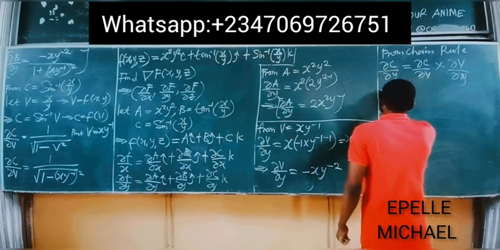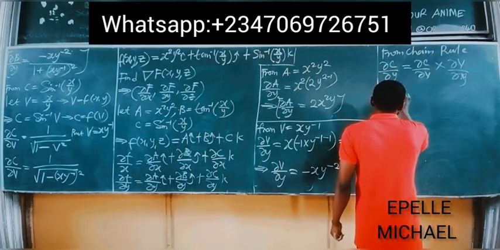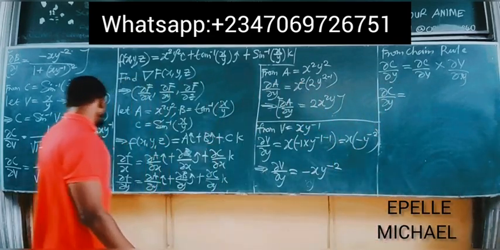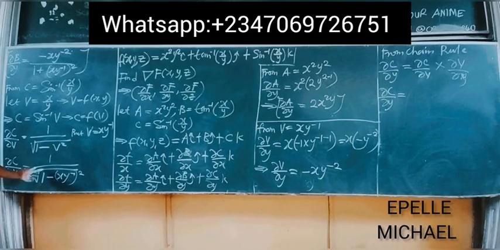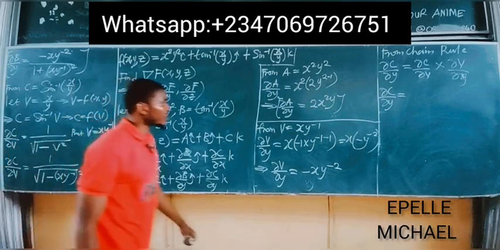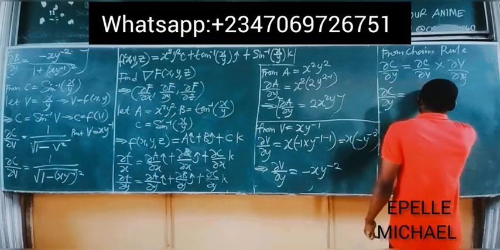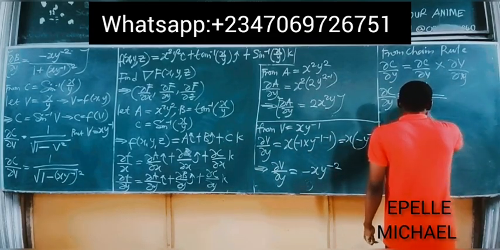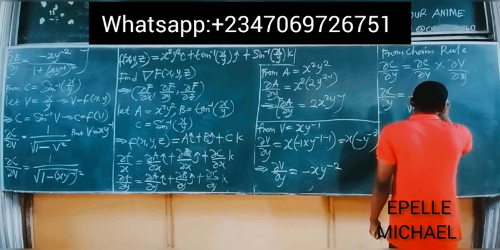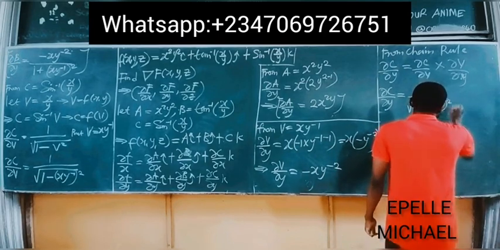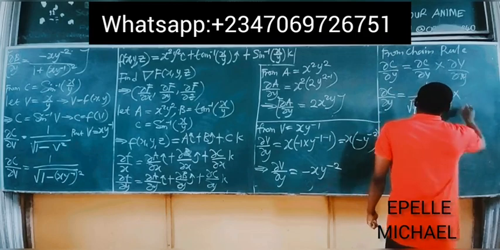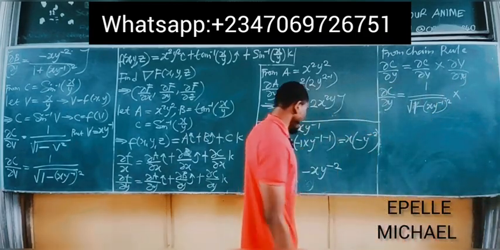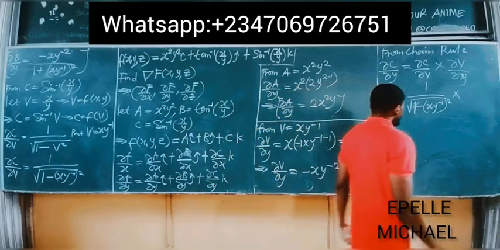Okay, so partial c over partial y is now equal to partial c, partial v, which gave us 1 over root 1 minus x y to the power of minus 1 all squared, multiplied by partial v, partial y, which gave us minus x y to the power of minus 2.